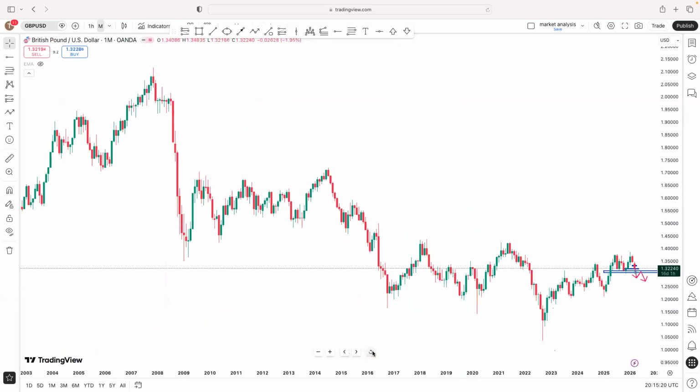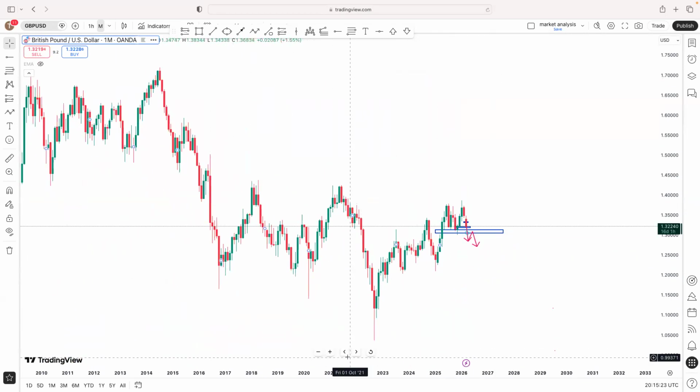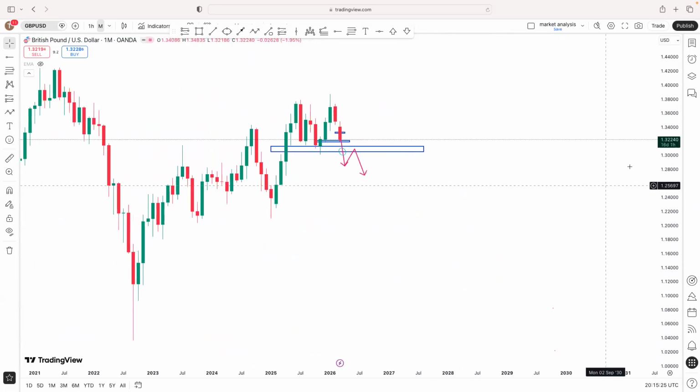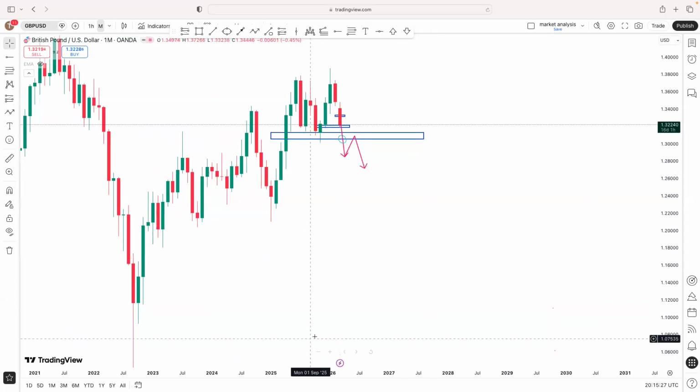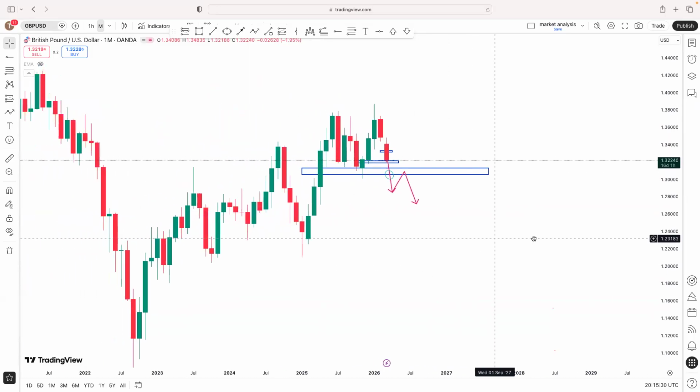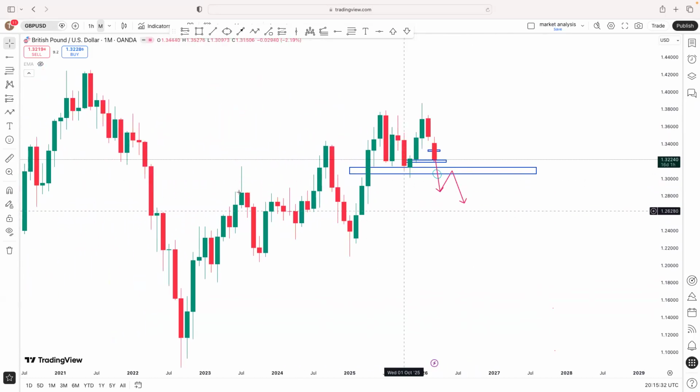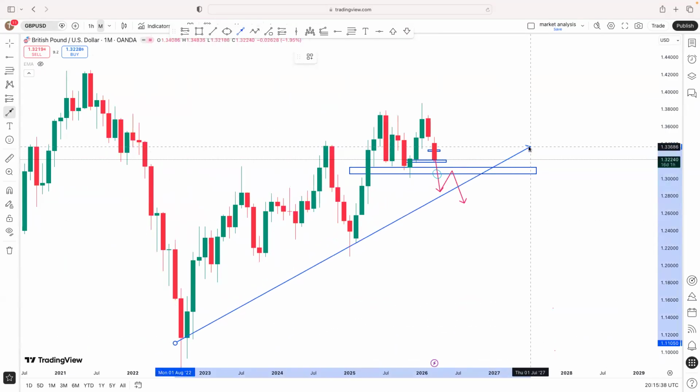Okay, so on the monthly time frame, this is what is going to be happening. The market will break from the neckline, come back, retrace, and then continue to go in the downside direction. If you look here, the month would have tapped into the very same area.